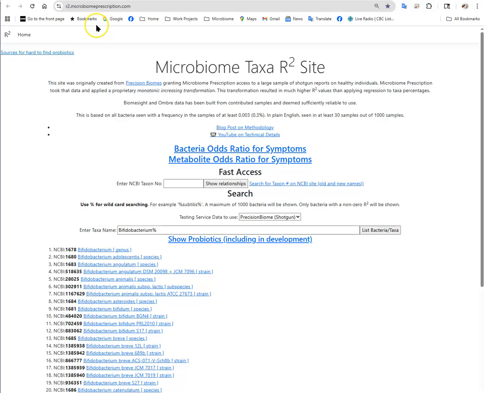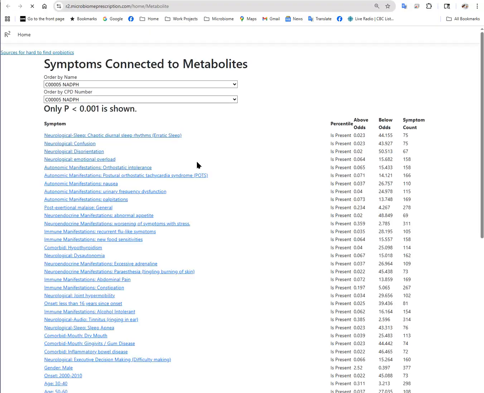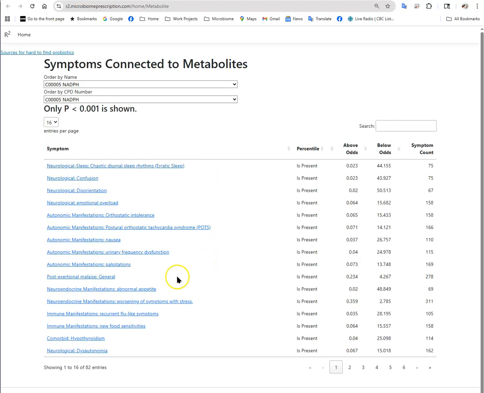If you go to the R2 microbiome prescription dot site, you'll see there's a new one which says metabolic odds ratio by symptoms. If we click that, it will show a chemical like NADPH, and it will now show a variety of conditions where we have significant odds depending on whether or not this is present.